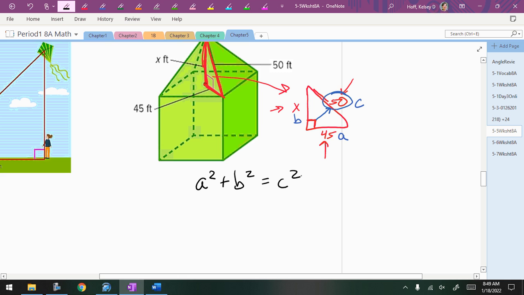Everybody take a minute, fill in your equation. A squared plus B squared equals C squared. Put in X, 45, and 50 where they're supposed to go.